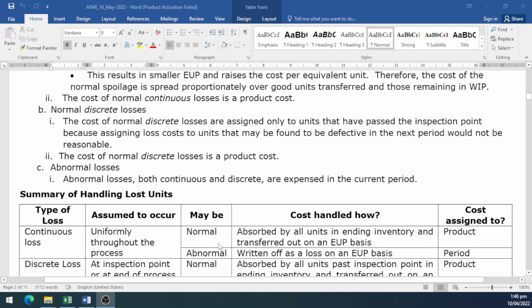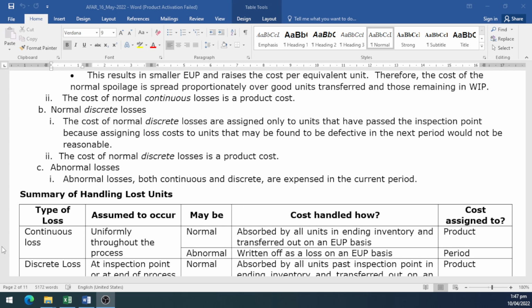Pag abnormal continuous loss, kailangan mong computan yan ng EUP kasi yung loss, yung cost niyan, i-assign natin sa abnormal lost units and then it must be written off as a loss in the period. I-expense natin yan magiging loss yan. Okay?